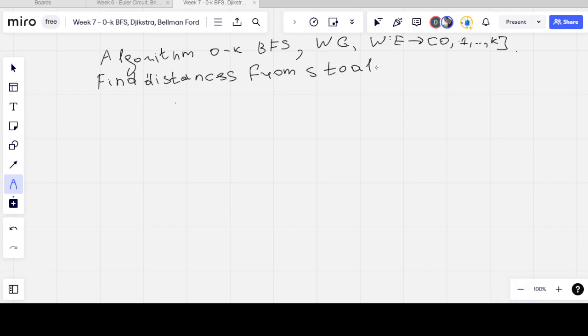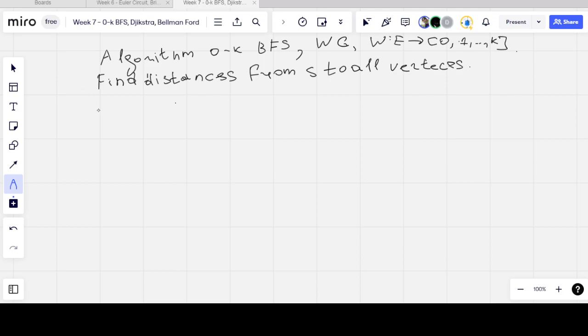So the first algorithm, when k is small, this algorithm will be very effective.